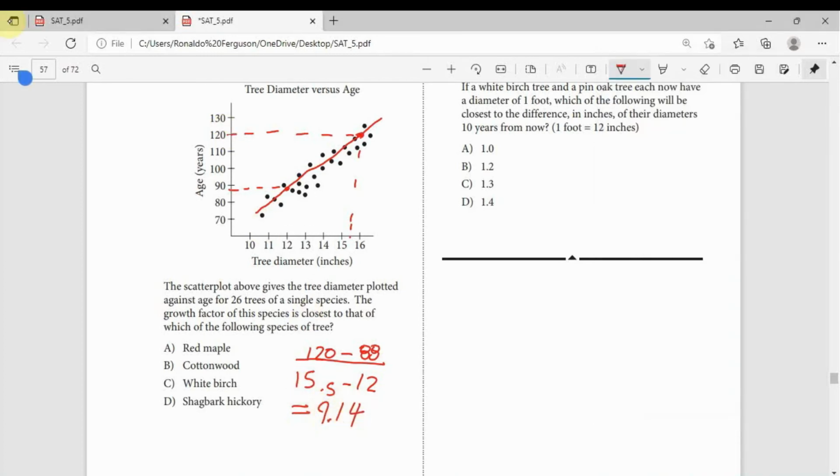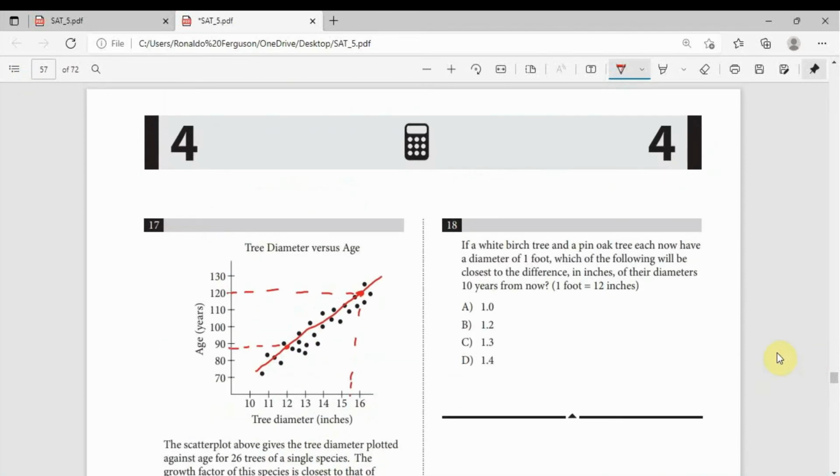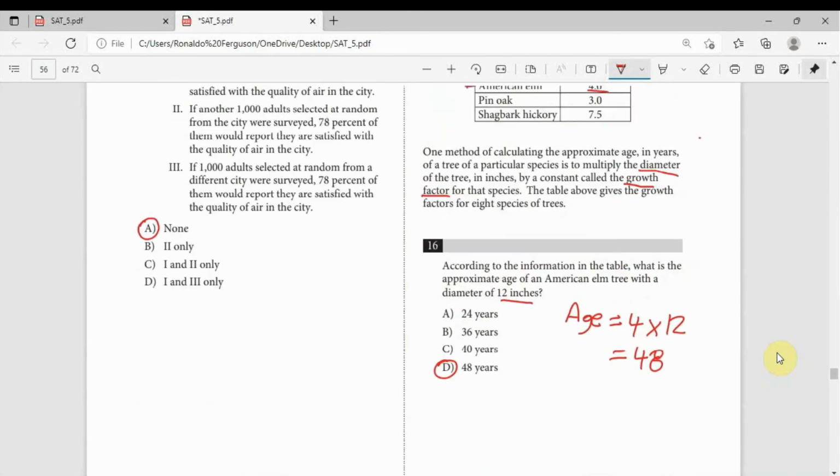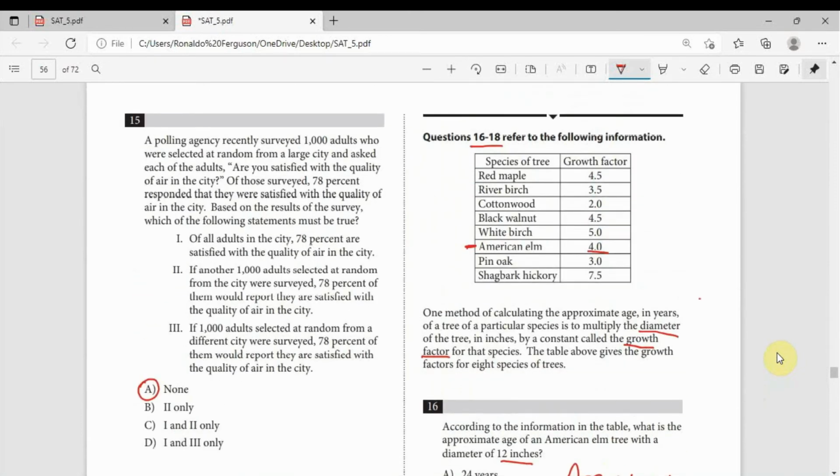Now, that's not accurate at all. All right? But I'm looking for something that's slightly below or slightly above 9. So any that's slightly below or slightly above 9, I'll work with. The only one closest to 9 is 7.5. All right. The good thing is it didn't affect us too much with our line of best fit.